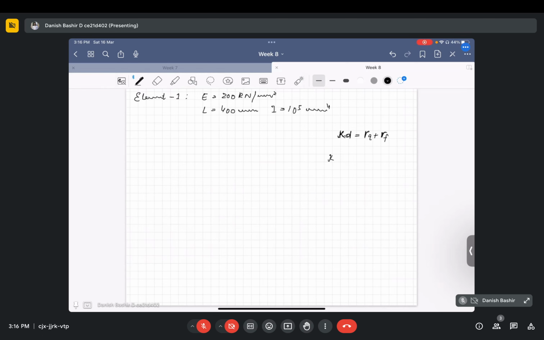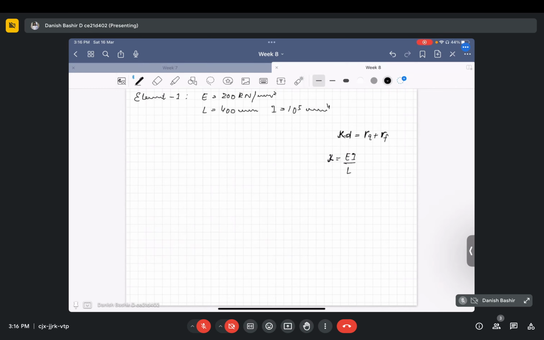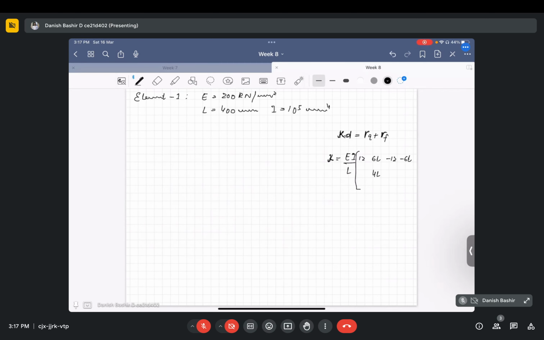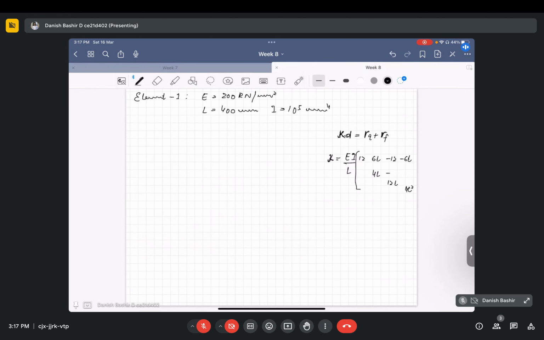The stiffness matrix K, the most important component, is given by EI by L times: 12, 6L, minus 12, 6L; then 6L, 4L square, minus 6L, 2L square; minus 12, minus 6L, 12, minus 6L; and 6L, 2L square, minus 6L, 4L square. This is symmetric.